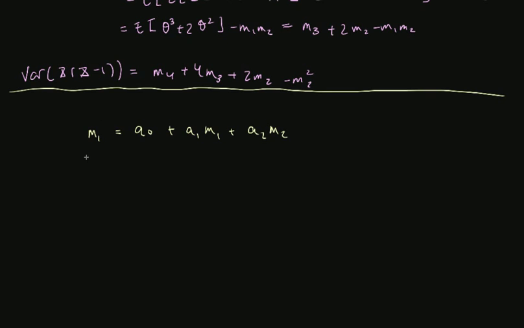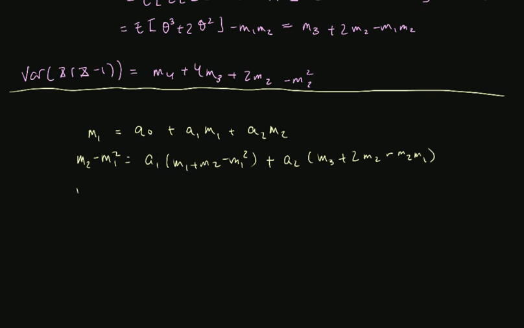And the next equation, we had the covariance of theta and x on one side, and we've calculated that. And then we have a1 multiplied by m1 plus m2 minus m1 squared. So this is just the plug-in for the variance of x. And then we also plug in a2 multiplied by the covariance of x and x minus 1, which is m3 plus 2 m2 minus m2 m1.